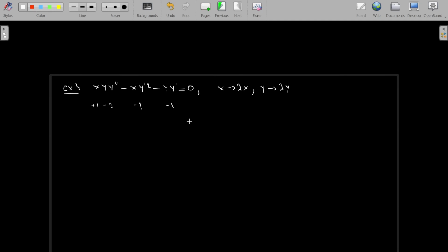Like we already know, we are not going to write it every time, so let's go and plug everything in using this kind of symmetry. So x times u prime prime plus u prime squared, and I already dropped the e to the u terms, minus x u prime squared minus u prime is equal to 0, and this is written as x u prime prime is equal to u prime.